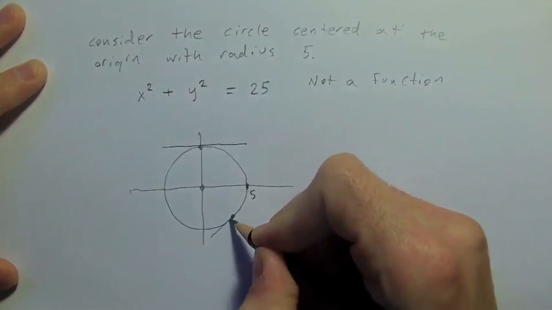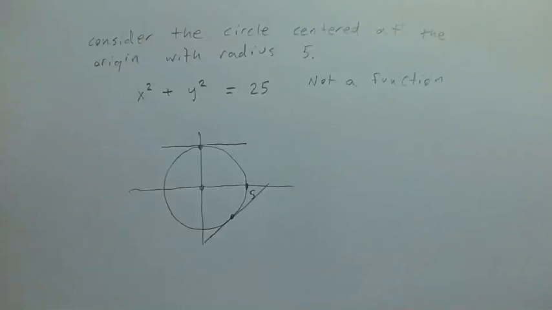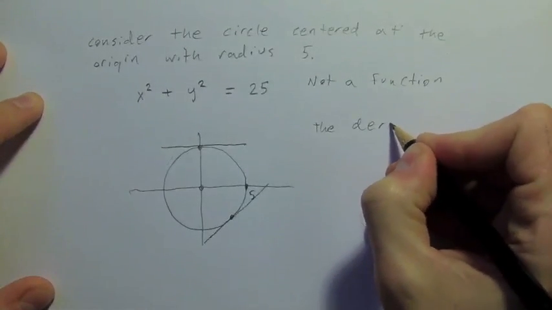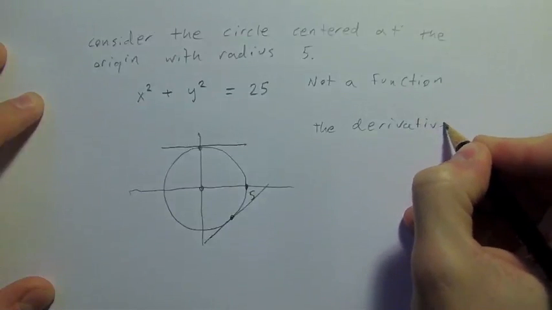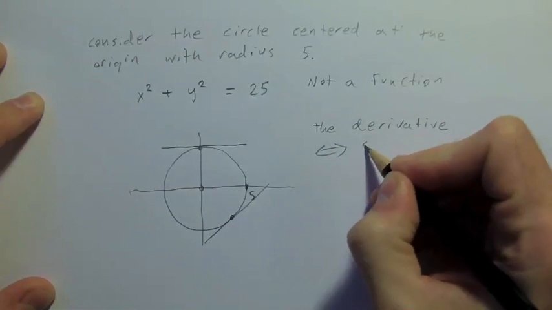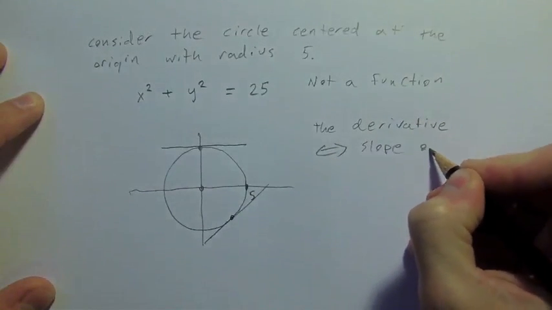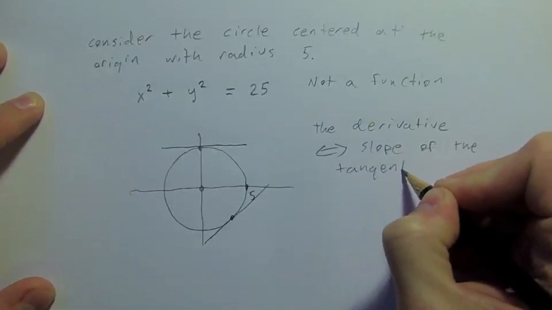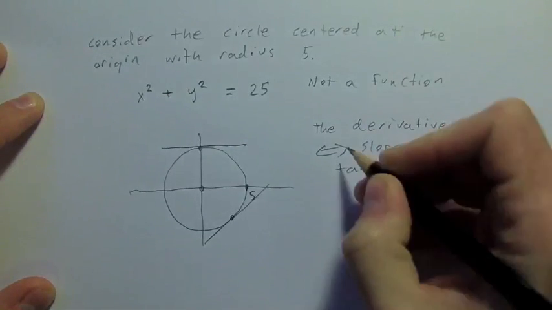This would be the tangent line of a circle. Now, we know that the derivative of a function gives us the slope of the tangent lines.